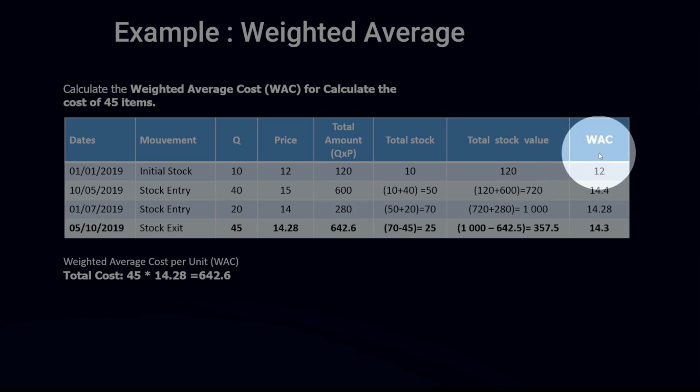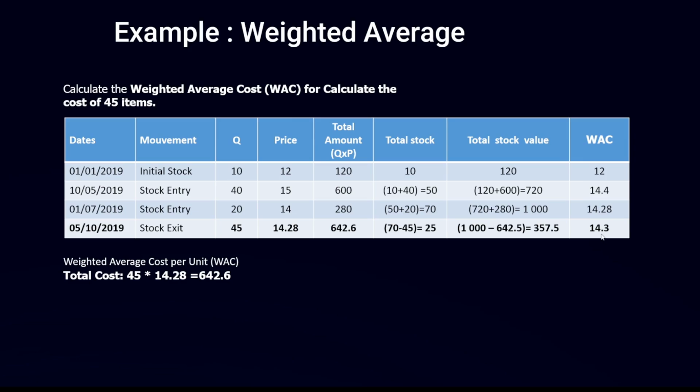Then we calculate again the WACC at the end of the period. It will be 14.3 US dollars. This is the total cost that will be shown in the cost of goods sold.